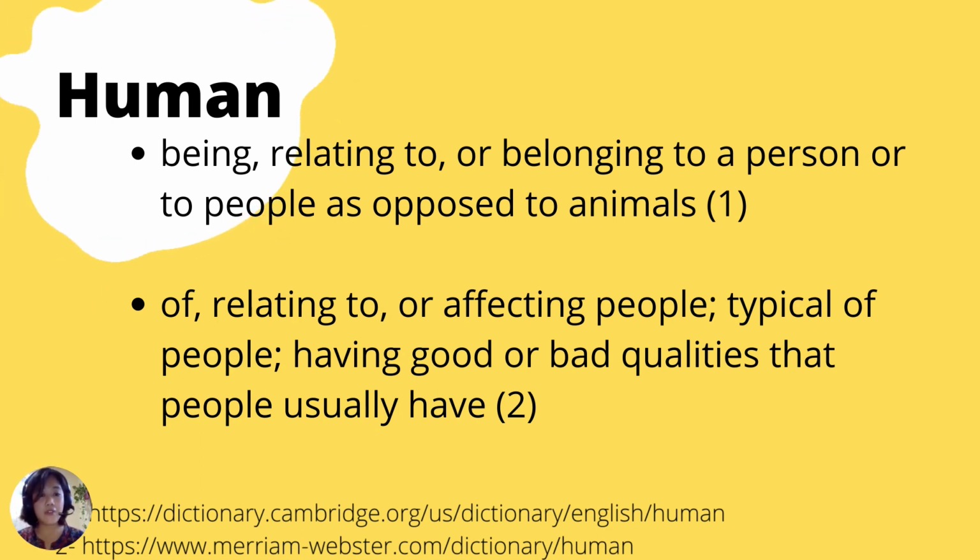On the other hand, by the Merriam-Webster Dictionary, ang definition is of relating to or affecting people. Okay? Typical of people. Yan. So, that is one definition of human. So, may nakalagay din dyan having good or bad qualities that people usually have.